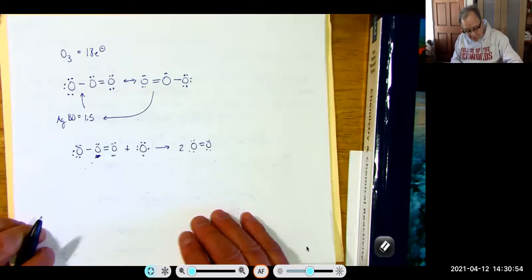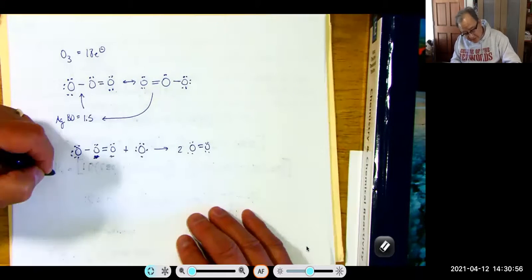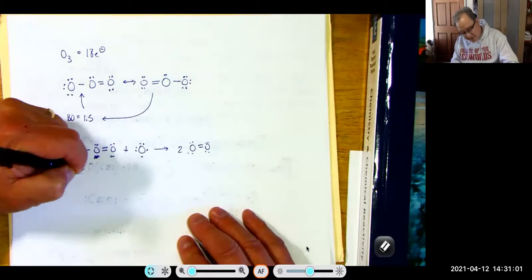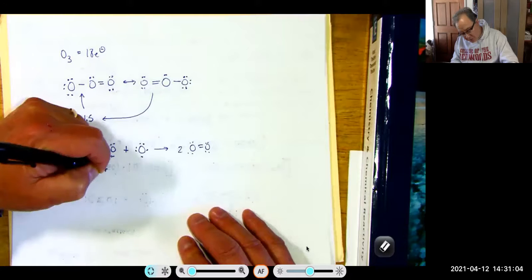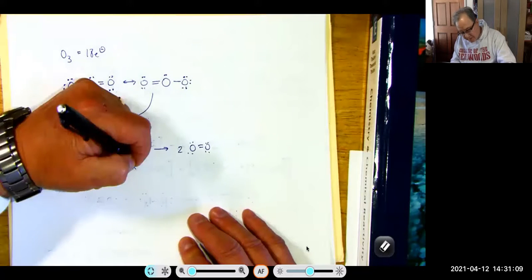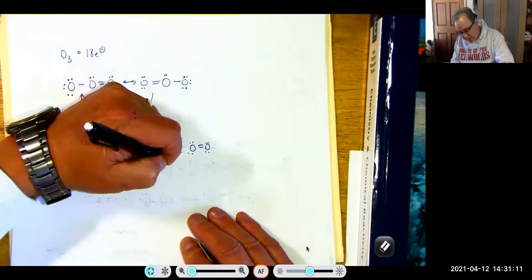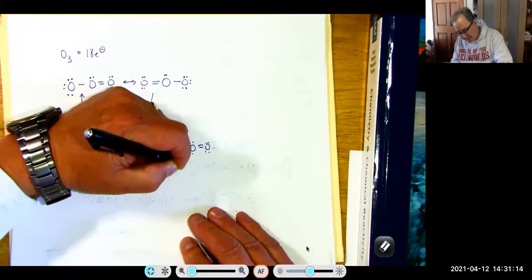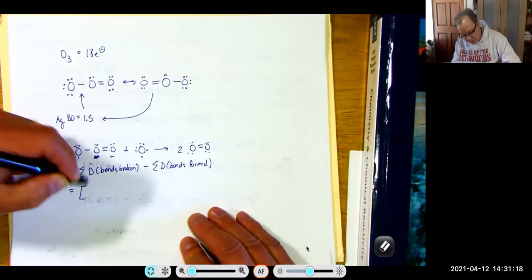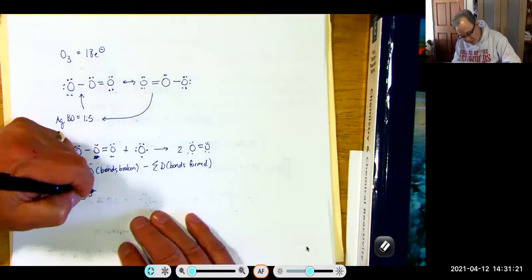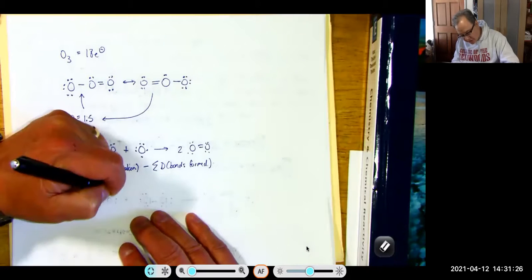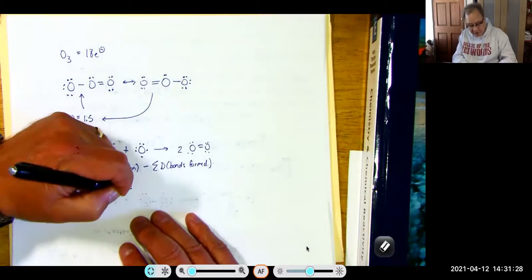So when we use this formula here, D bonds broken minus D bonds formed or made, we would say we're going to break one oxygen-oxygen single bond and one oxygen-oxygen double bond. That's what we would do.